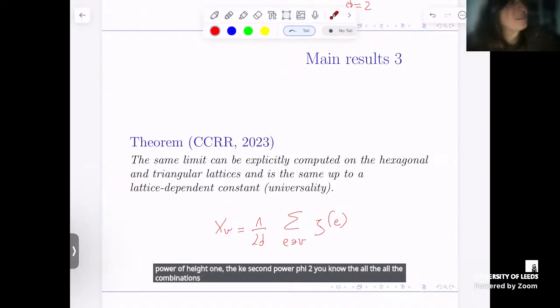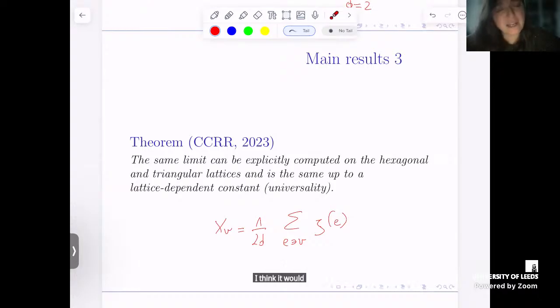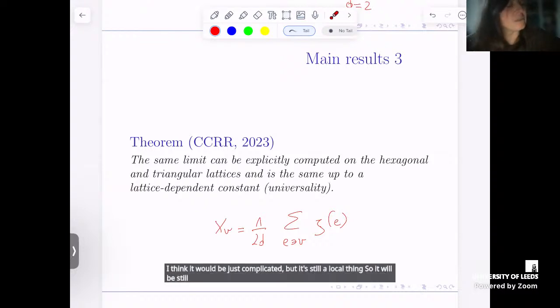And what comes out is probably some type of formula for the cumulants which we have now. So this I would expect. For the higher degree of the UST, I think it will be just complicated, but it's still a local thing. So it will still be, I think, some kind of combination of the symplectic fermions.